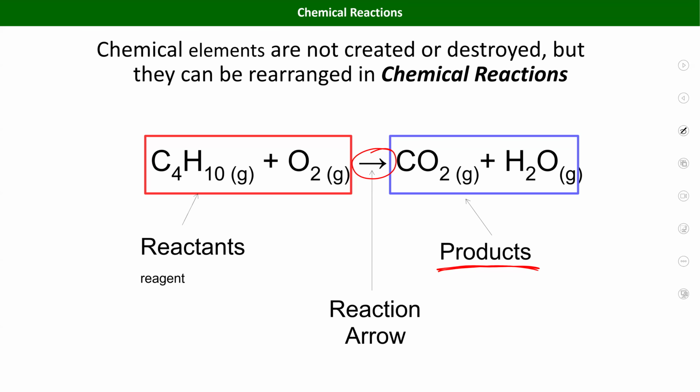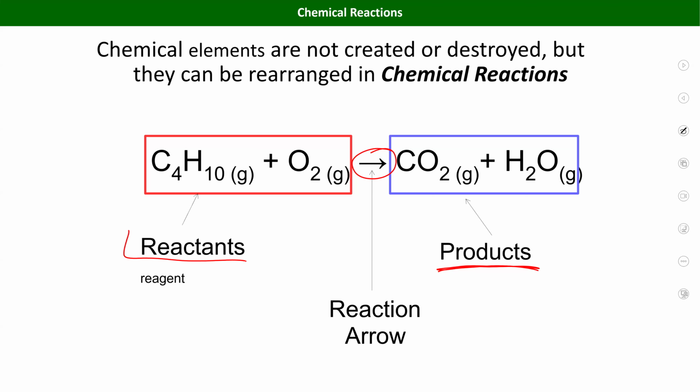Simple enough. The stuff we're starting from, we use one of 2 terms. The more common term these days is reactants. It's the stuff that's doing the reacting. The old school way, and we still see this sometimes, and there's a few places where I'll even still slip up and use this word, is reagent.